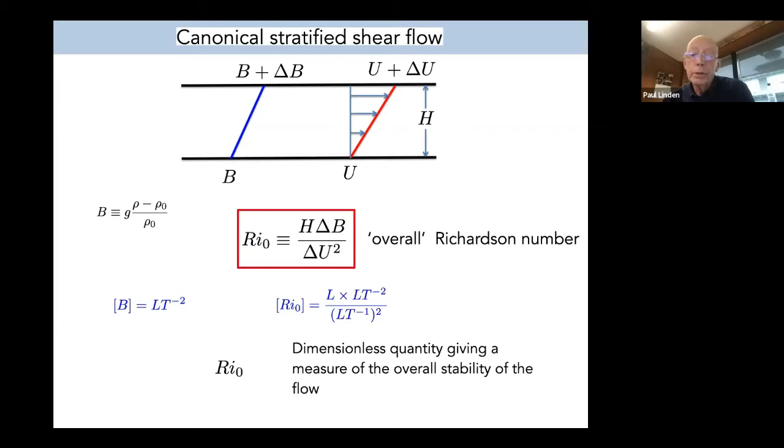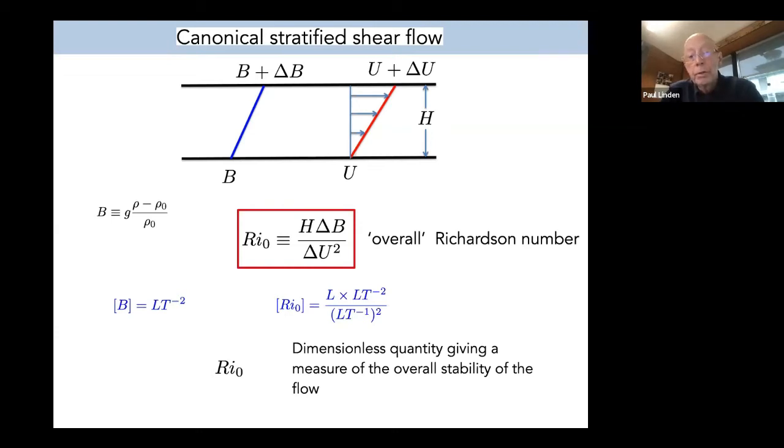And it's a dimensionless number that you can construct out of the difference in buoyancy, the difference in velocity, and the depth of the flow, H. As I said, the dimensions of buoyancy, written in blue, are the same as gravity, so acceleration, length over time squared.